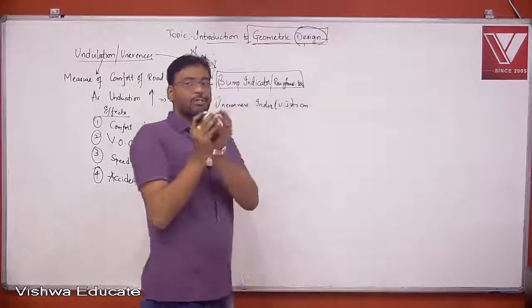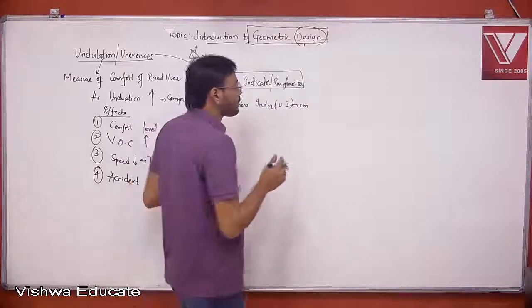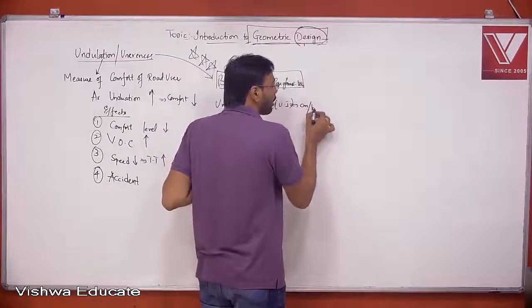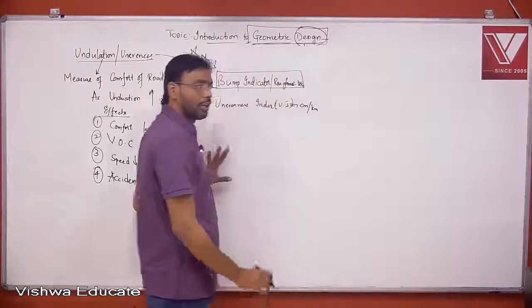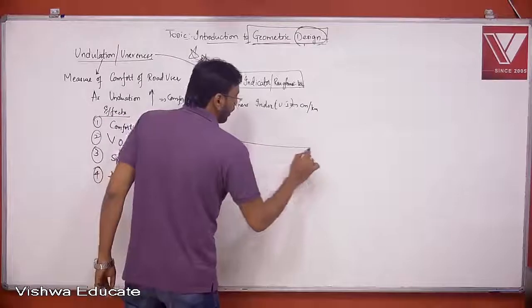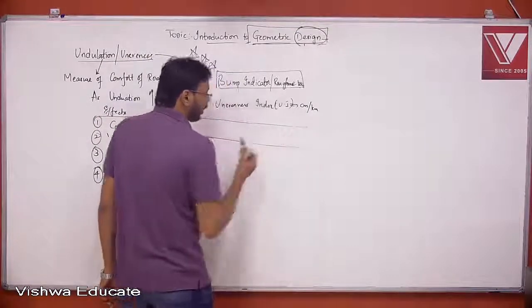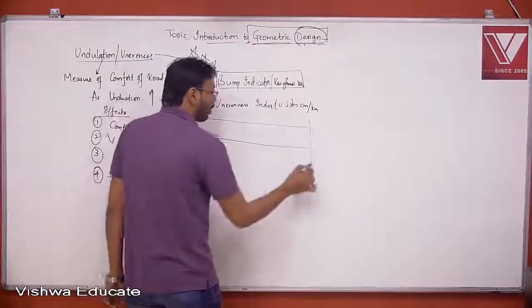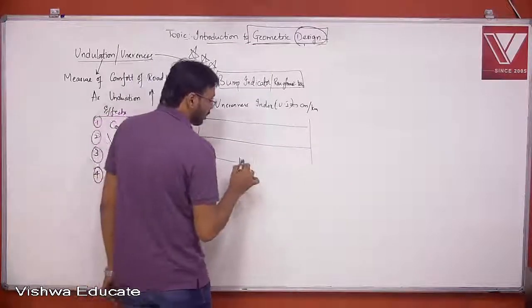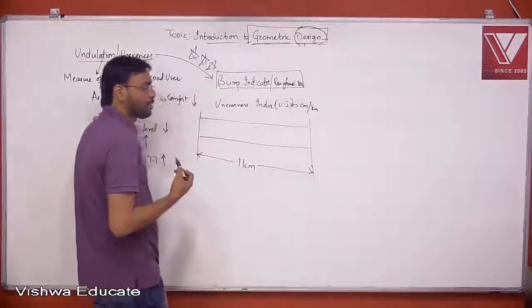Undulations are generally small in number, right? Very small in size. So it is expressed in centimeters per kilometer length. For example, let us consider a kilometer span of road. Okay, this is 1 kilometer of road for which you are going to check the unevenness or the comfort levels.